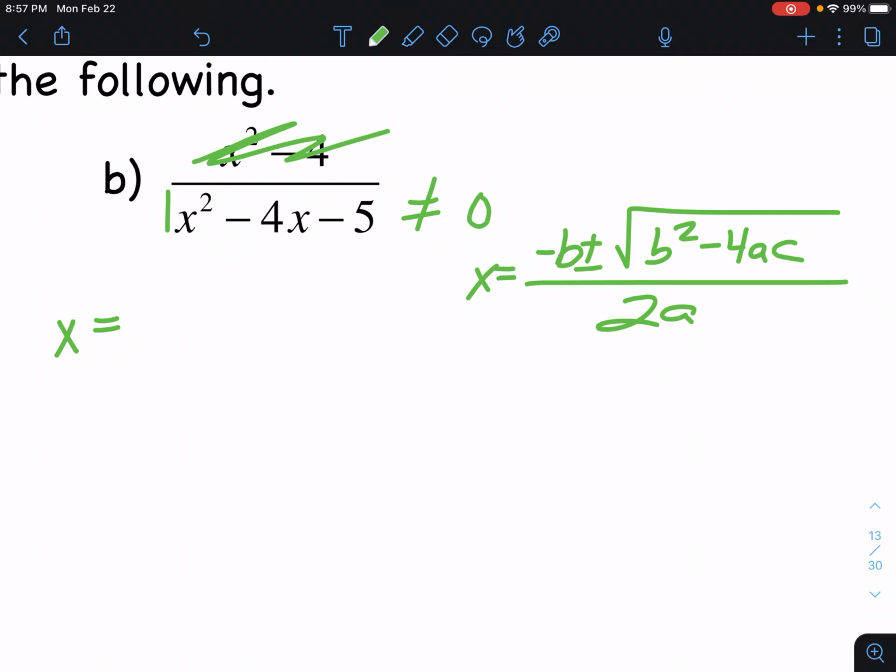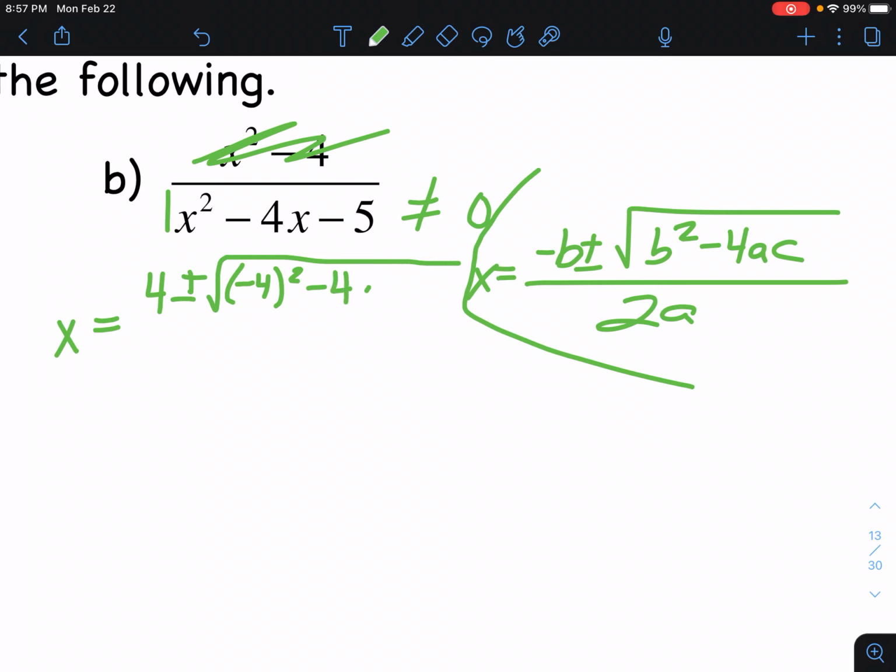If the formula says negative b and b is already negative, the double negative changes to a positive. Then plus or minus the square root of b squared, so -4 squared, minus 4 times a times c, and then divided by 2 times a.